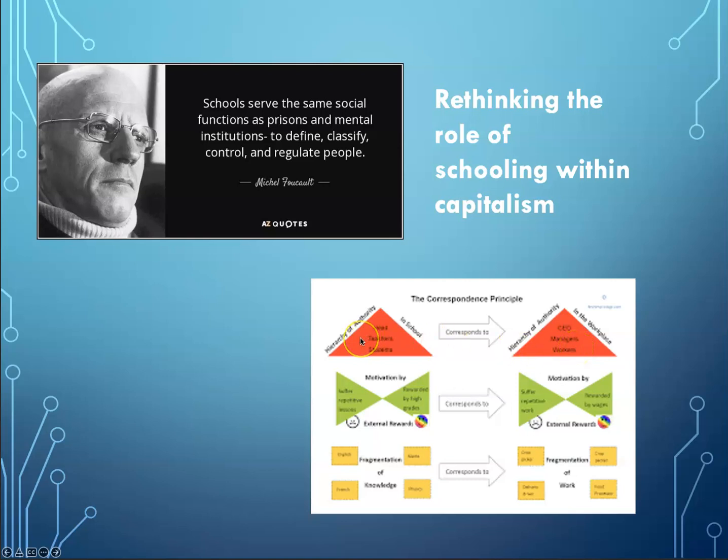So there's a hierarchy of authority, for example, in schools, to match the hierarchy of authority in the workplace. So students become used to that. They're motivated by marks and by various strategies that we use in school, because those are the same kind of strategies that will be used in the workplace, and so on.